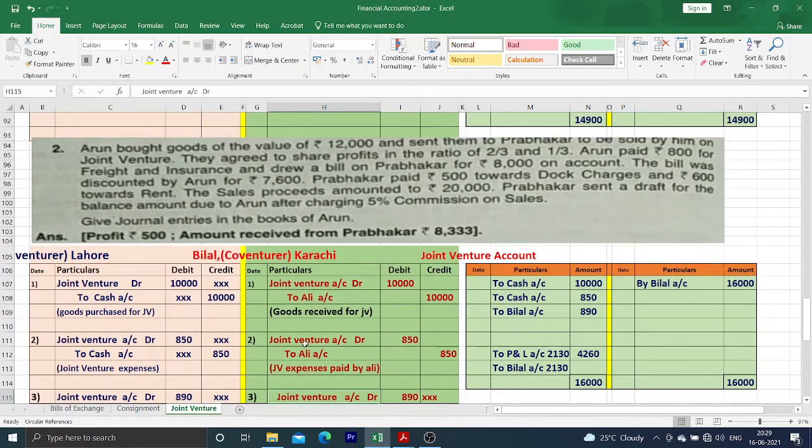Arjun bought goods of the value 12,000, sent them to Prabhakar to be sold by him on joint venture.